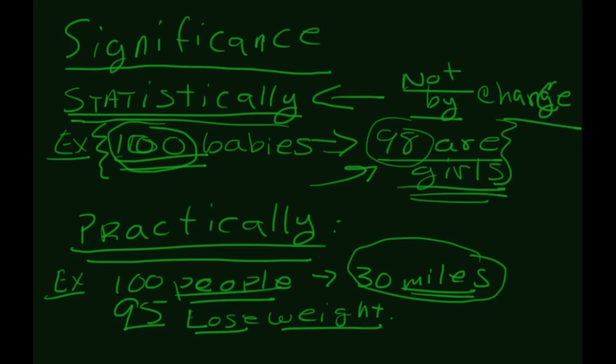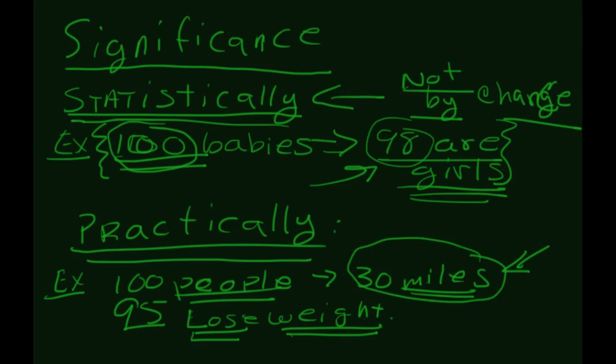Okay, is this practical significance? So, if I want to lose weight, is it practical for me to develop a regimen of 30 miles a day of walking? No. This is not a practically significant piece of data because, yes, it's obvious.